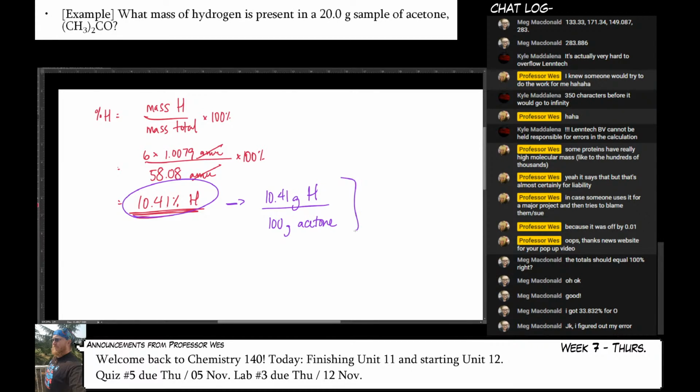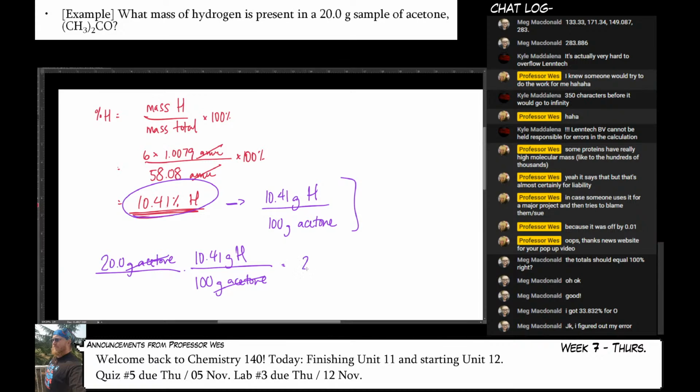So if I use this relationship right here and multiply it by, say, 20 grams of acetone, that's like multiplying by my percentage to figure out what percent is hydrogen. But this way, the dimensional analysis shows how the units cancel out here. So grams of acetone cancel, leaving grams of hydrogen. And so I just get my decimal and multiply it by 20.